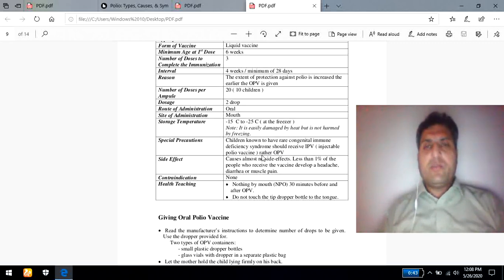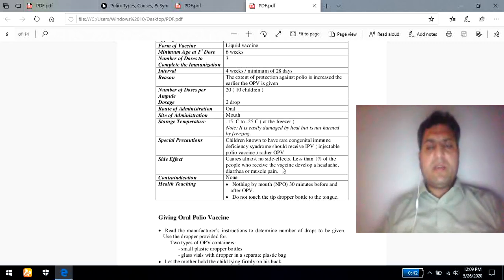Injectable polio vaccine should be used for a newborn baby if they have a problem related to congenital immunodeficiency syndrome.